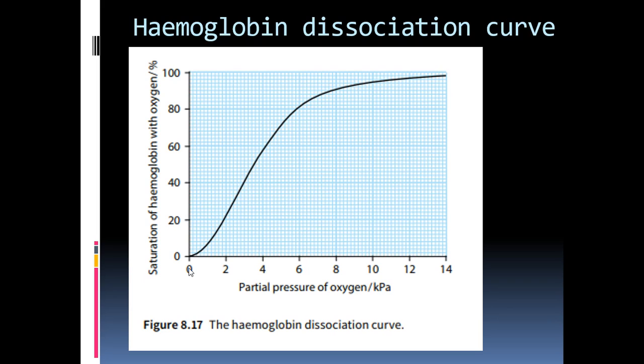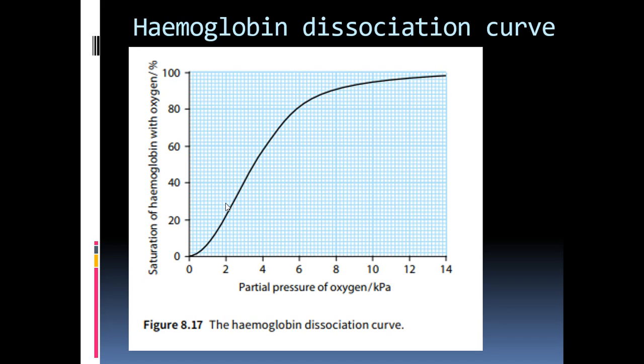And as you can see in this particular graph, you will see that at low partial pressure of oxygen, the percentage of saturation of hemoglobin with oxygen is very low. For example, you can see at 2 kilopascal, roughly only 20% of the hemoglobin is saturated with the oxygen molecule, right?